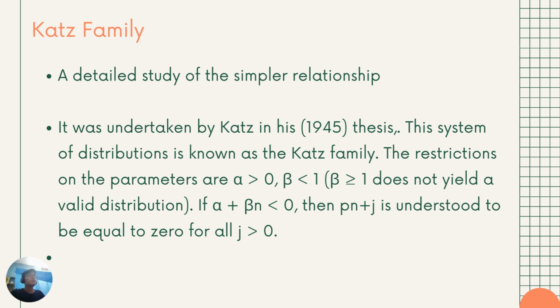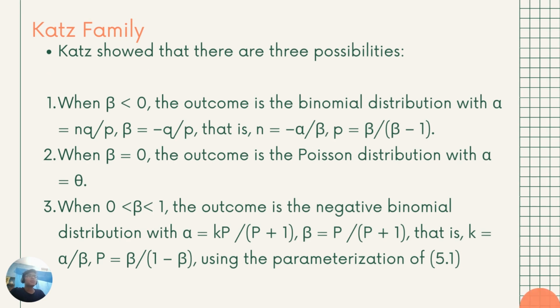If alpha plus beta n is less than 0, then p(n+j) is understood to be equal to 0 for all j greater than 0. Essentially, until one sees the formula, one will not understand it. Let's wait for that. Katz showed that there are three possibilities here.